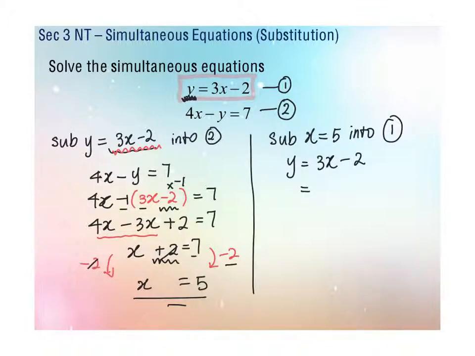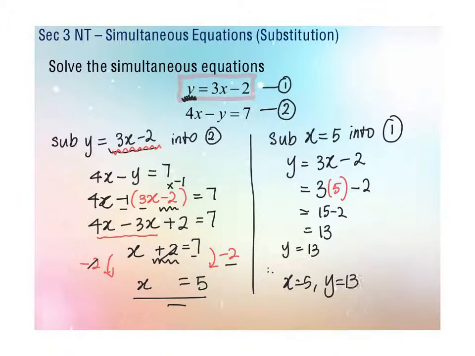And therefore, the moment I see x, I replace it with bracket 5 minus 2. This means 3 times 5, 15, 15 minus 2 gives you 13. Therefore, y is equal to 13. So we present the answers: x equals 5, y equals 13.